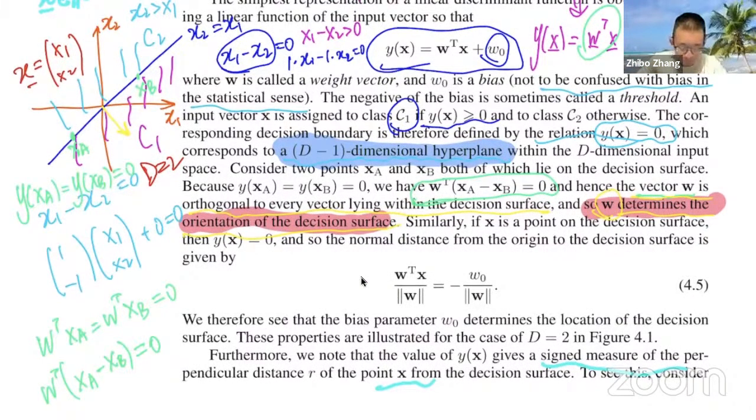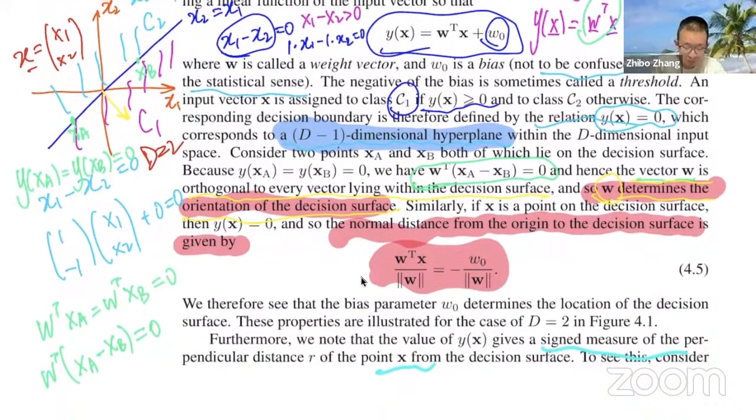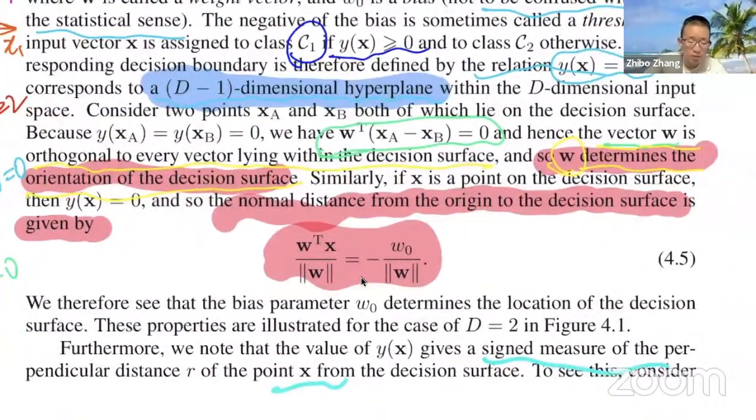So the normal distance from the origin to the decision surface is given by this formula. Let's derive it back and see if it actually makes sense.